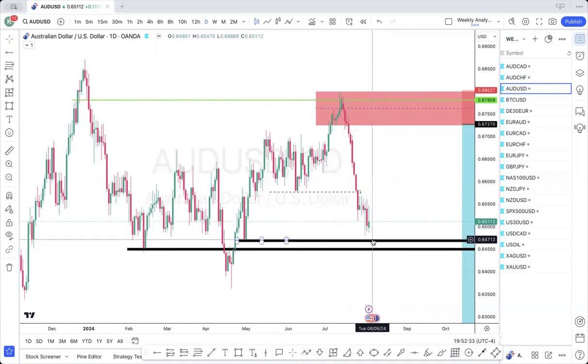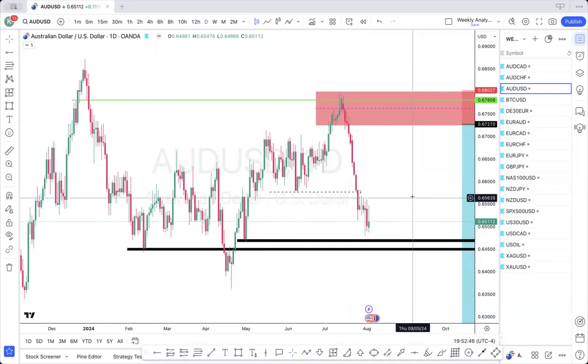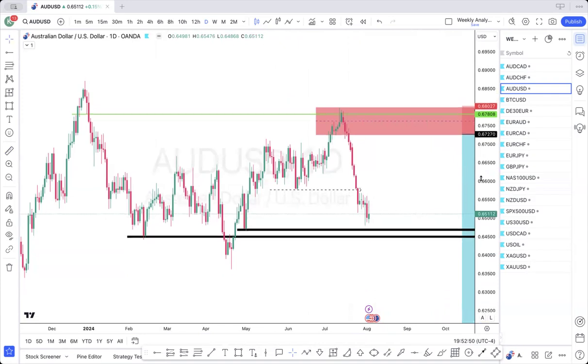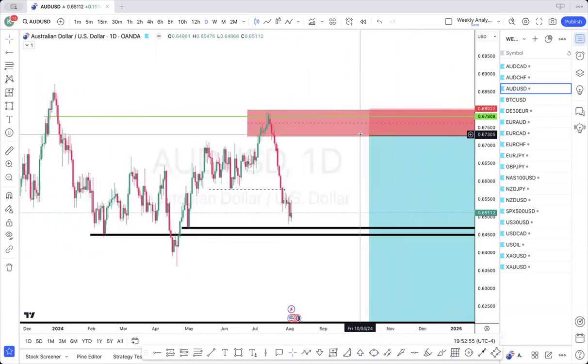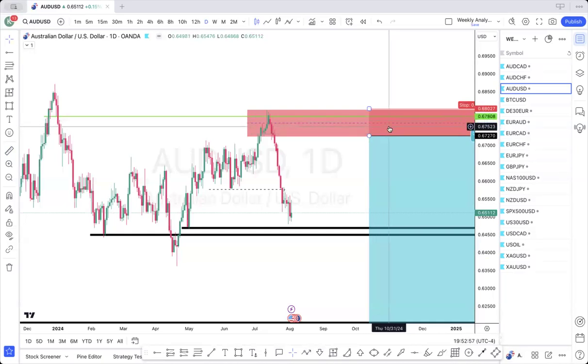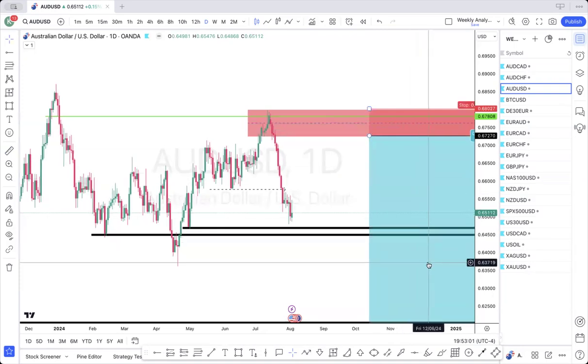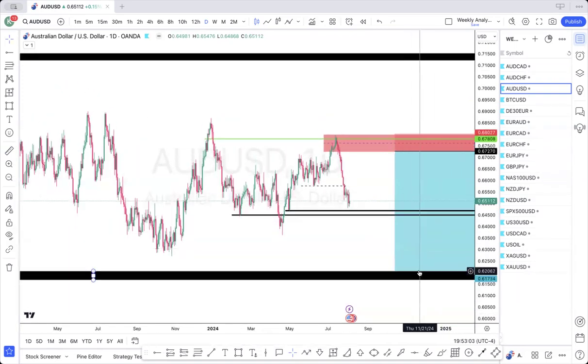So price is probably going to come here, react a little, and then maybe push down to this zone here, and then start a change of character. So once price gives you that change of character, then you can start buying it back up to this supply zone, this weekly supply zone. And then, of course, you want to look for a change of character within that zone before selling it down to this low.